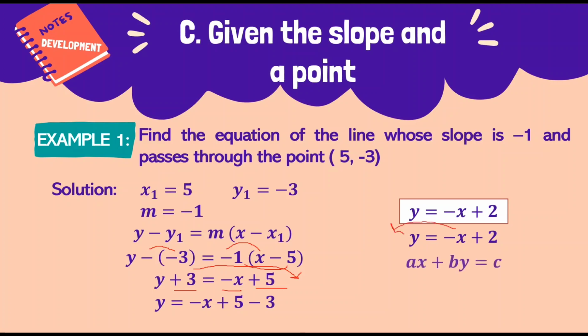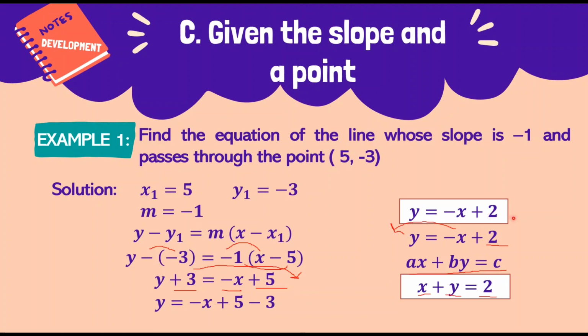So, ang mangyayari na lang sa kanya ay magiging positive x siya kasi susundin natin tong ax plus by is equal to c. So, upon transposing negative x to the other side of the equation, it becomes positive x. And then copy positive y, and then copy 2. So, therefore, that will be our standard form.